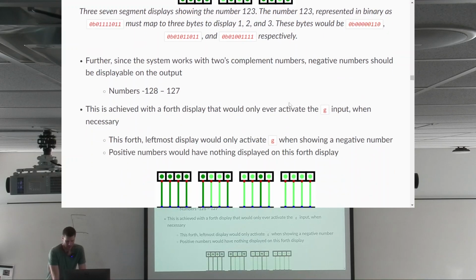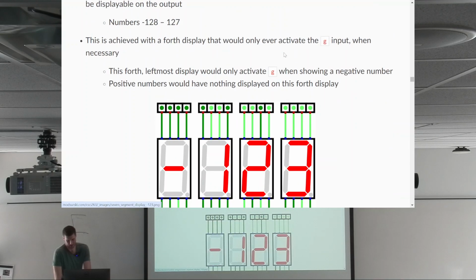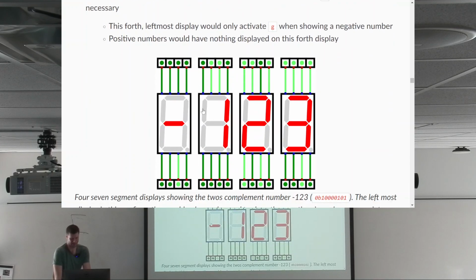So since the system works with 2's complement, we need to work with negative numbers. This is achieved with simply a 4th pattern. If I had negative 123, this last pattern here, we really don't need 8 bits for, right? Really what we could do is, for a negative, if the number is not negative, everything's a 0. If the number is negative, we just need to turn on what?